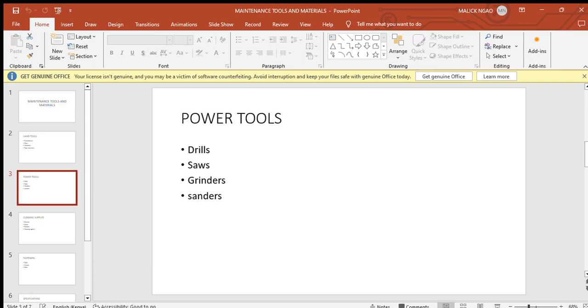And also under maintenance tools and equipment, we have the power tools. Please name types of the power tools. Grinders. Yes, Divina.